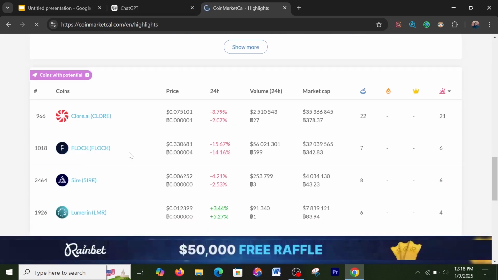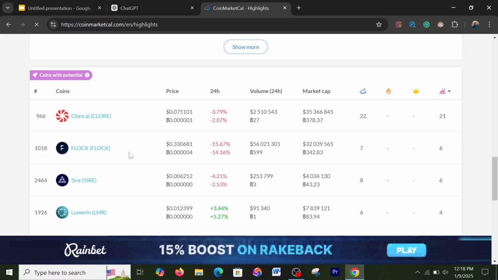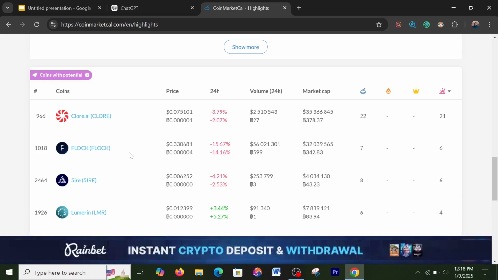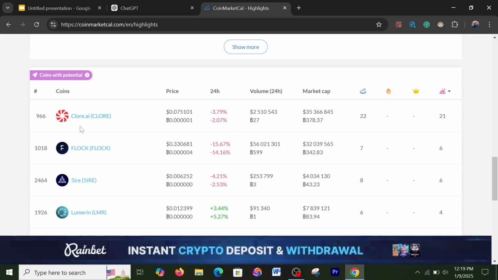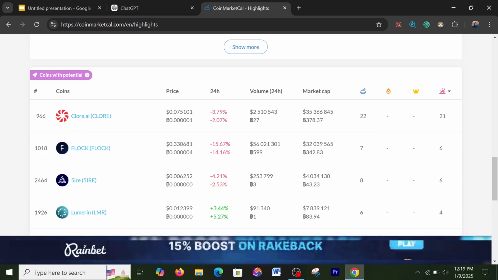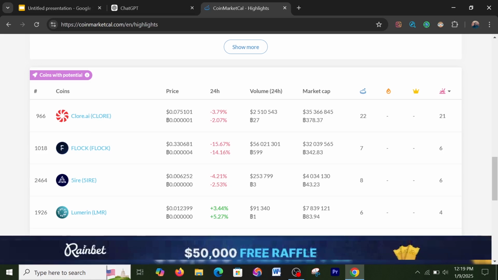This is where I come to when I'm actually doing my fundamental analysis. I don't go to the main page. I use CoinMarketCap, but I don't go there. I use this place, coins with potential. Then I work my way up. So after I've seen this, I could see that Clio.ai has about 22 upcoming news, and 21 of it are catalyst news.